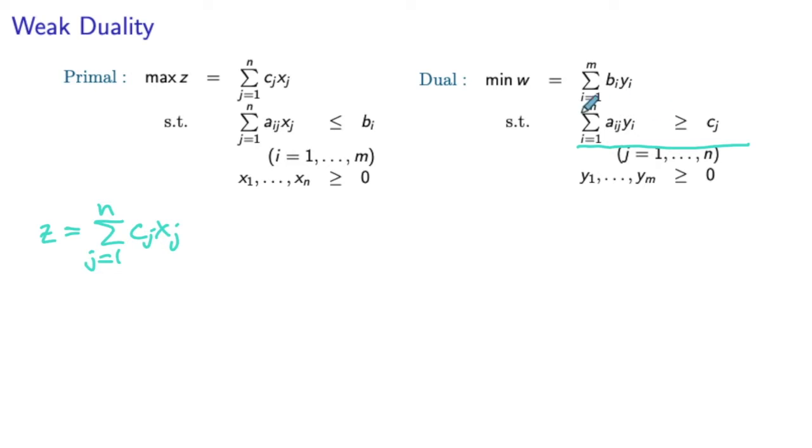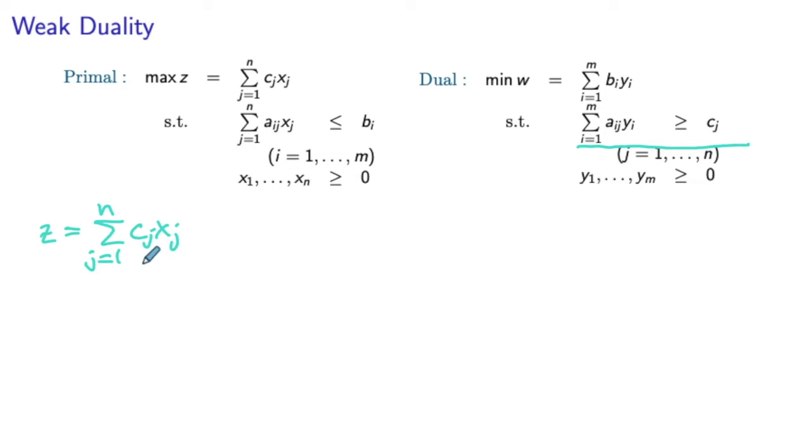So the left-hand side of the dual LP is designed to dominate the coefficient in the objective of the primal so that we get that upper bound that we want, right?